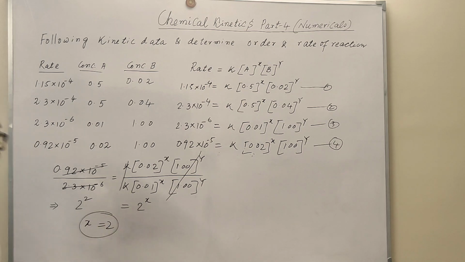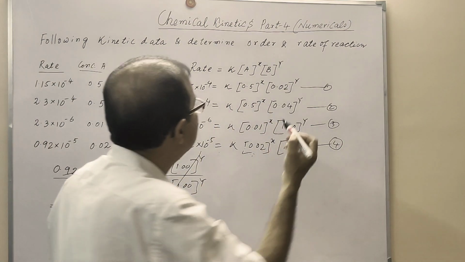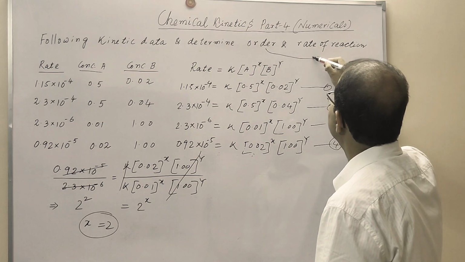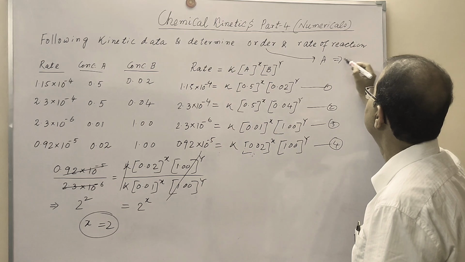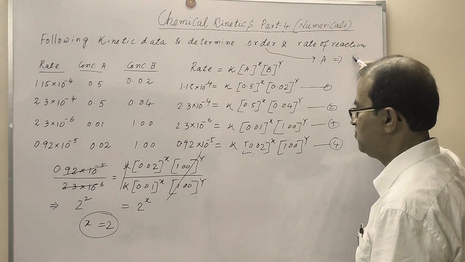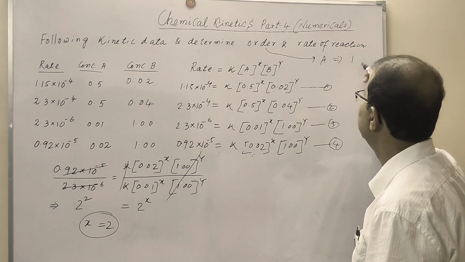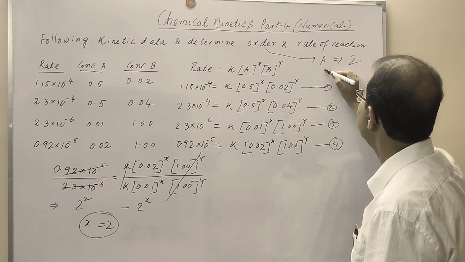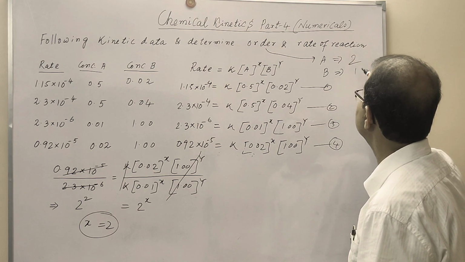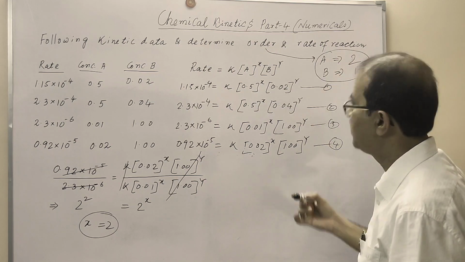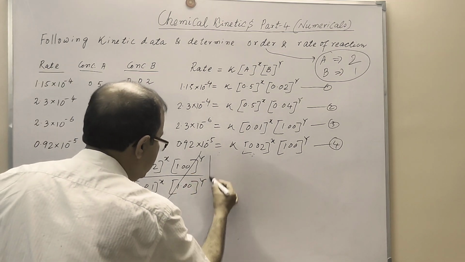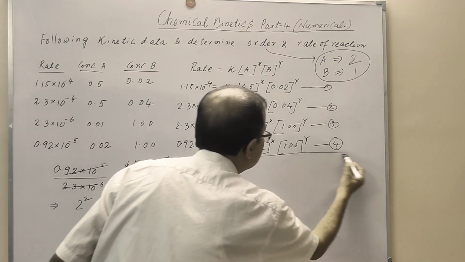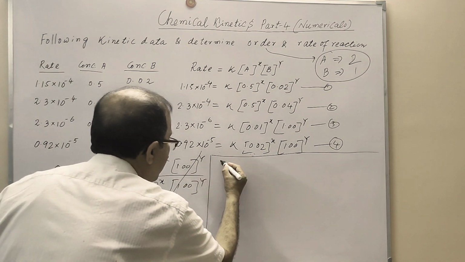So we get the order of the reaction. We can write the order of the reaction with respect to A, it is 2, and with respect to B, it is 1. Now, from this order of the reaction, we can calculate the rate law.